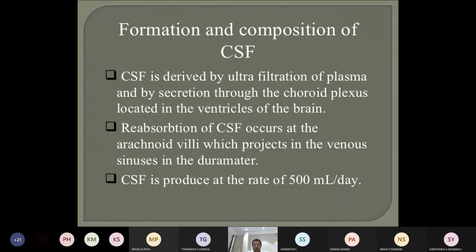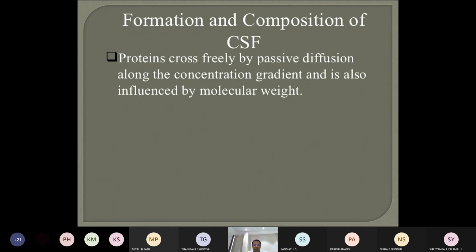Reabsorption of CSF occurs at the arachnoid villi, which project into the venous sinuses in the dura mater. CSF is produced at the rate of 500 ml per day. In its formation and composition, proteins cross by transport mechanisms and passive diffusion along the concentration gradient, also influenced by molecular weight.